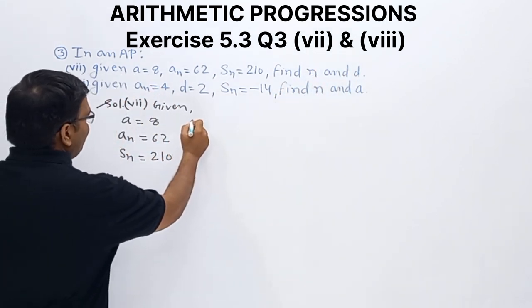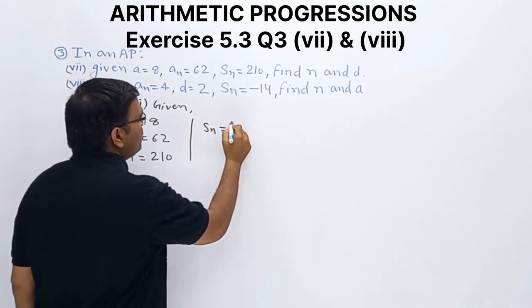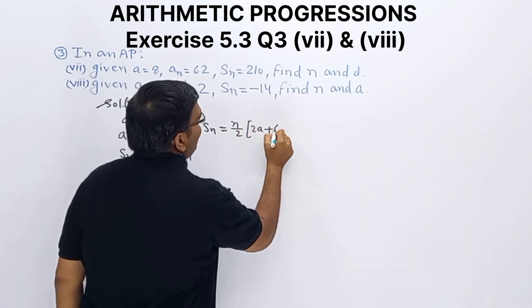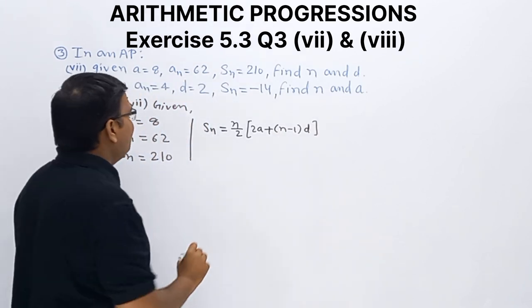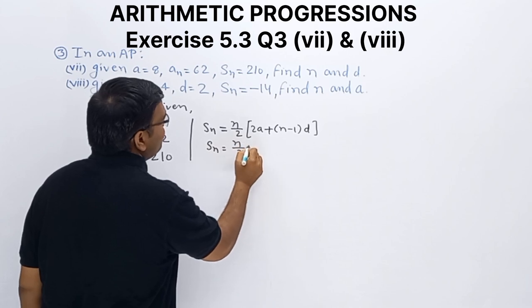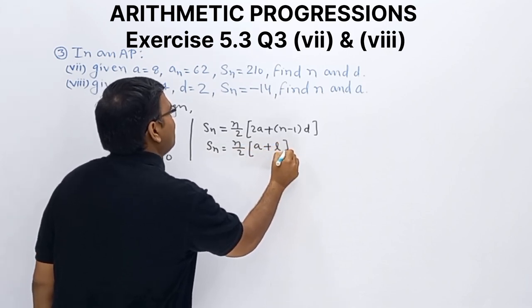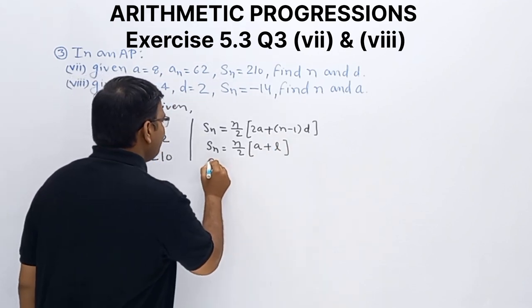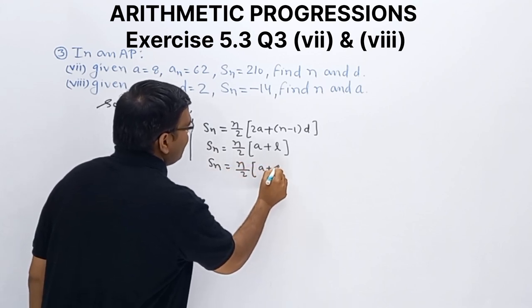Clear? So we know well the sum of the n terms of an AP formula is n by 2 into 2A plus n minus 1 into D. Clear? This formula can be written as Sn equal to n by 2 into A plus L, where L is the last term. And L is equal to the nth term. So this can be written as Sn equal to n by 2 into A plus An.